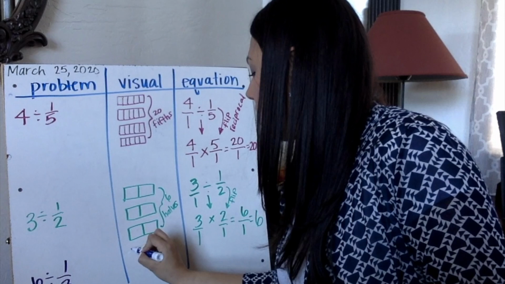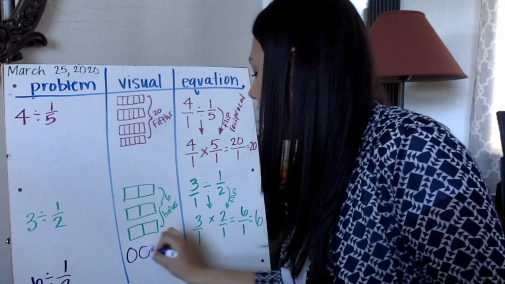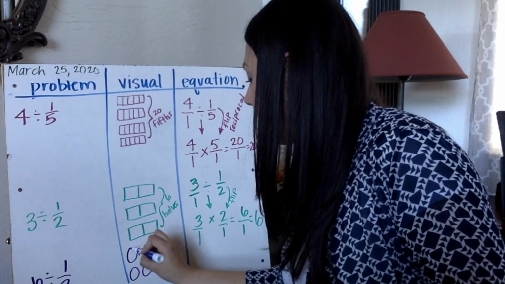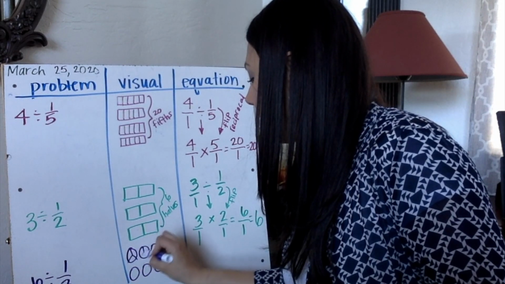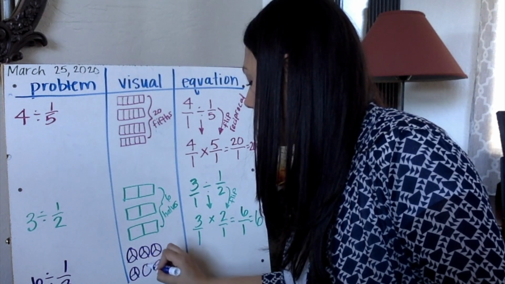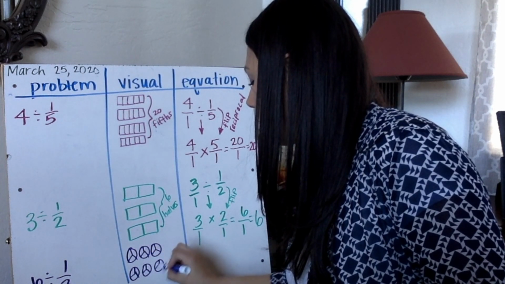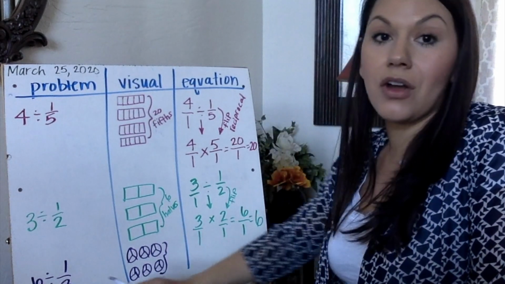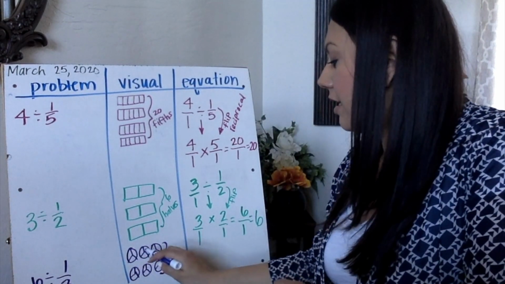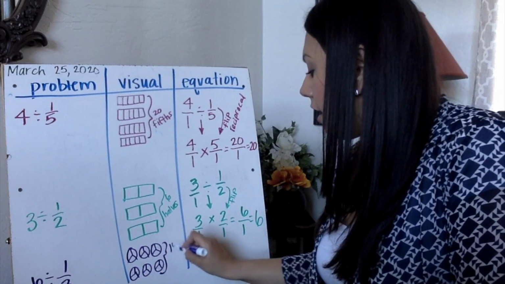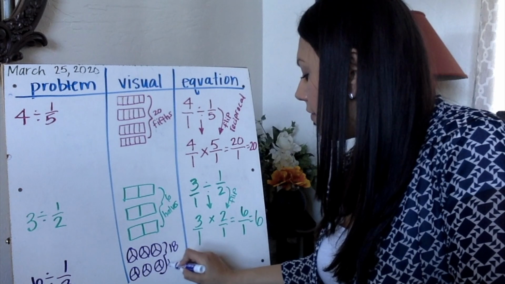So I'll do my circles to save room. 1, 2, 3, 4, 5, 6 into thirds. Okay. How many thirds are in 6 wholes? 3, 6, 9, 12, 15, 18 thirds.